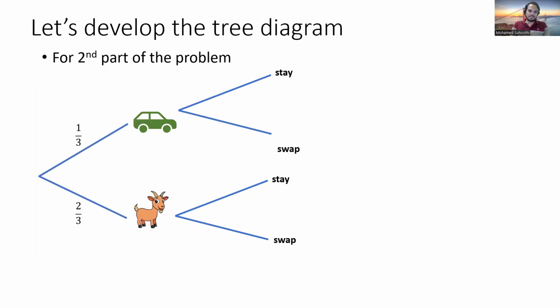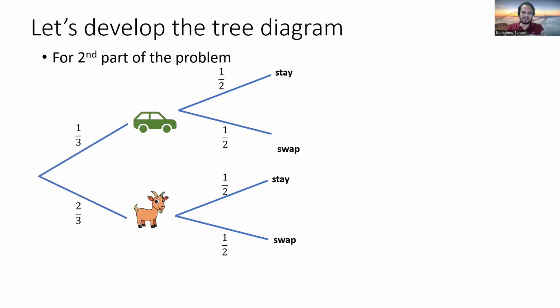Let's calculate the probability. If we stay with the option, then winning the car is 1/2. We have only two doors, therefore here all the probabilities are just 1/2, because we only have two doors.